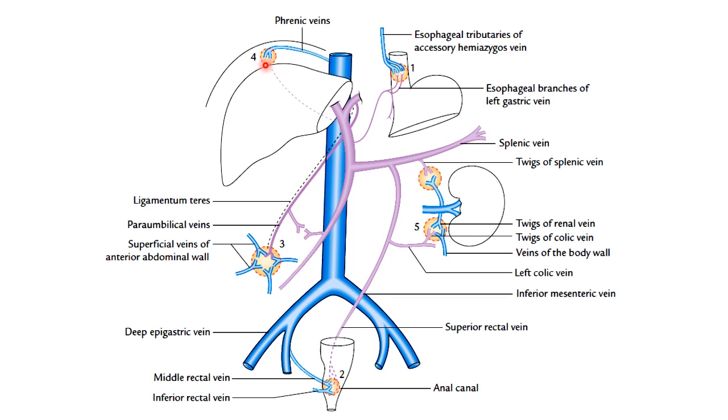Portocaval anastomosis at the bare area of the liver is between the hepatic venules, the phrenic veins, and the intercostal veins.